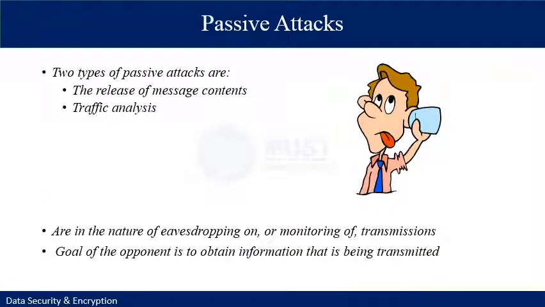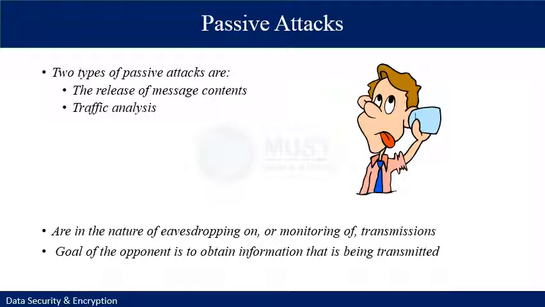All right. For the passive attacks, as you must now be familiar with the definition, these do not change the data. There are two different types of passive attacks. Number one is release of message contents. It can be easily understood.